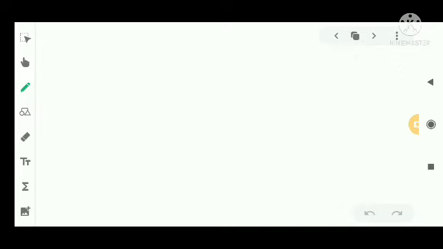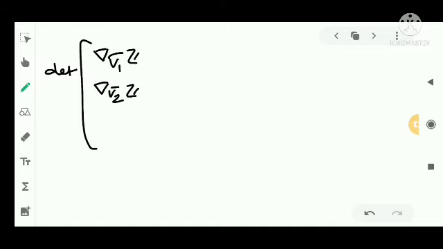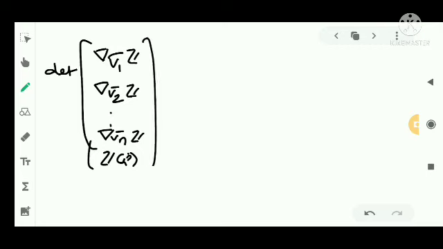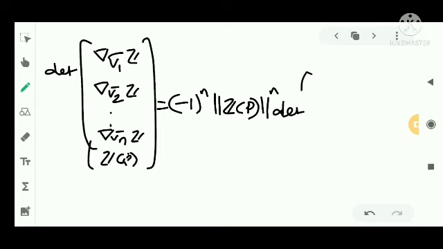So we get the left side is determinant of del V1 Z, del V2 Z, etc. del Vn Z and Z of P equal to minus 1 all raised to n norm Z of P all raised to n into determinant of, we can replace by A11, A21, etc. An1.